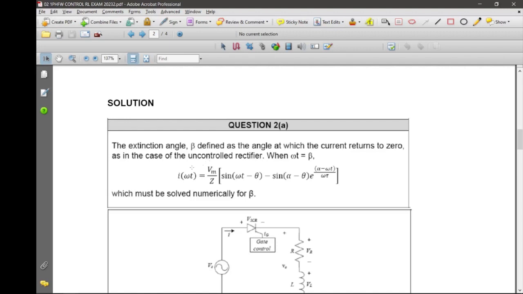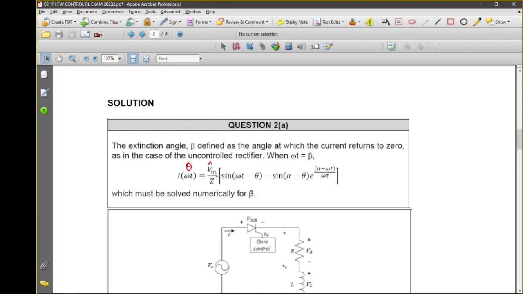If you look at the notes, the equation can be obtained as this: i(θ). Omega t is also a theta. Sometimes, this solution was actually prepared by Dr. Azlan, so he used Vm instead of V peak.